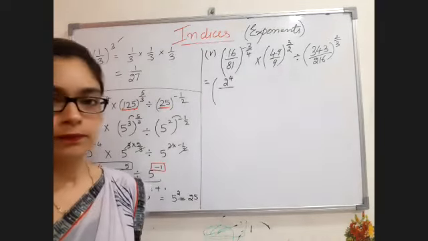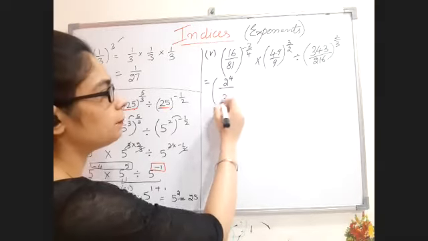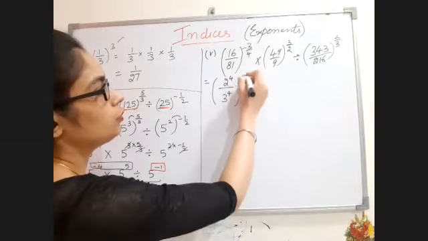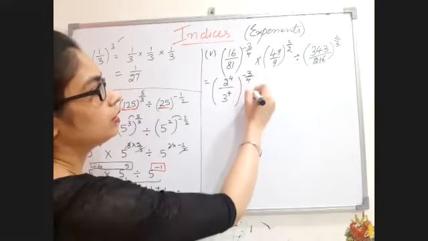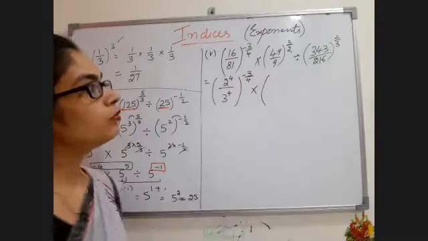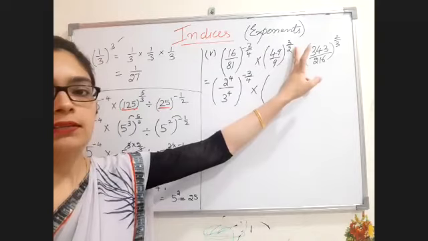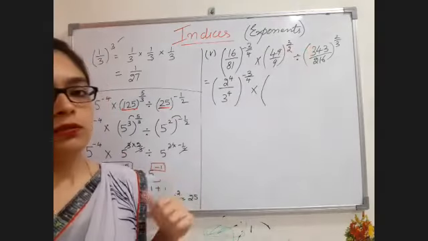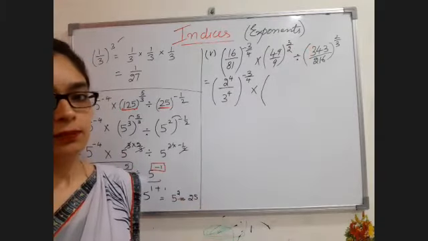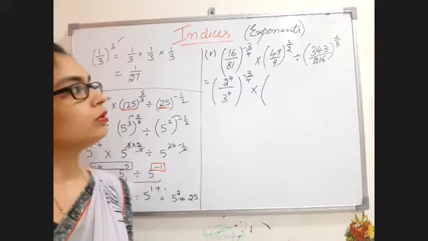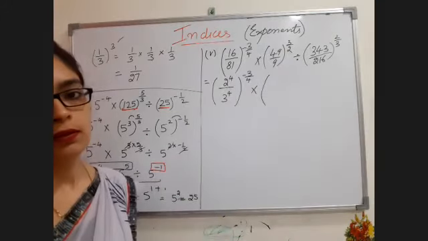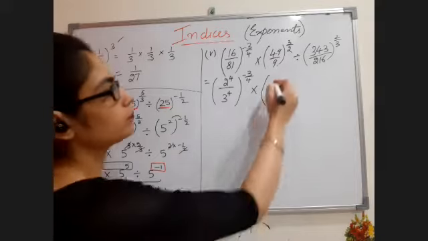Ma'am, 3 to the power 4. So minus 3 by 4 into now 49. Here my denominator is 2, so we can convert these numbers into their exponential form where the power is 2. 49, 7 to the power 2.